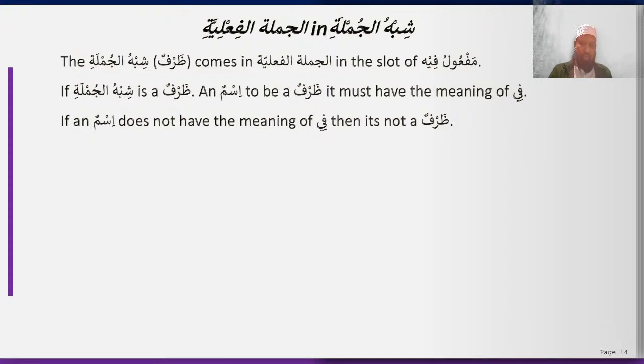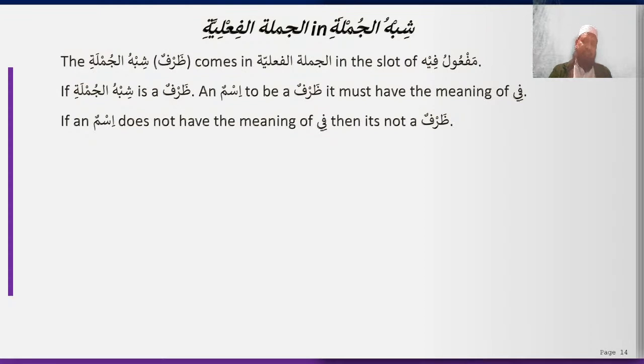Now here one thing to remember: if شبه الجملة is a ظرف, then it will be مفعول فيه. And for an اسم to be a ظرف, it must have the meaning of في in it.